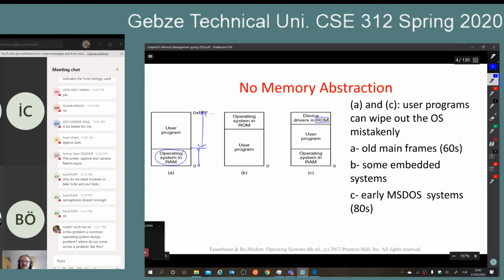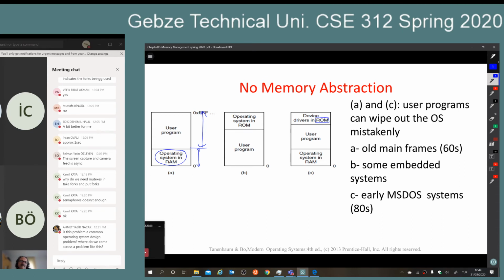No memory abstraction is like no CPU abstraction, no processes. No processes means that there is only a single thread. It takes a CPU and it runs. That's it. No memory abstraction means that my thread, my program sees the physical memory and performs everything on the physical memory.